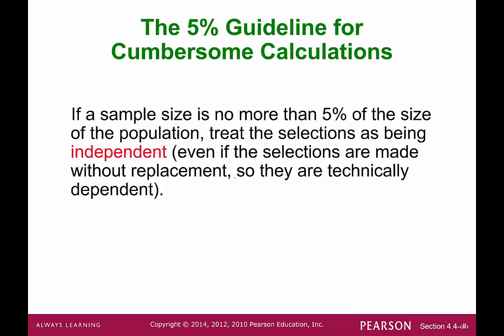A 5% guideline for cumbersome calculations: if the sample size is no more than 5% of the size of the population, then we treat the selections, we treat the sample, as independent.